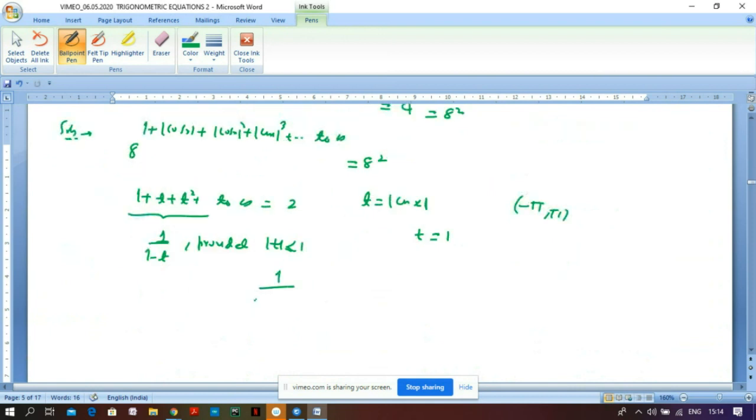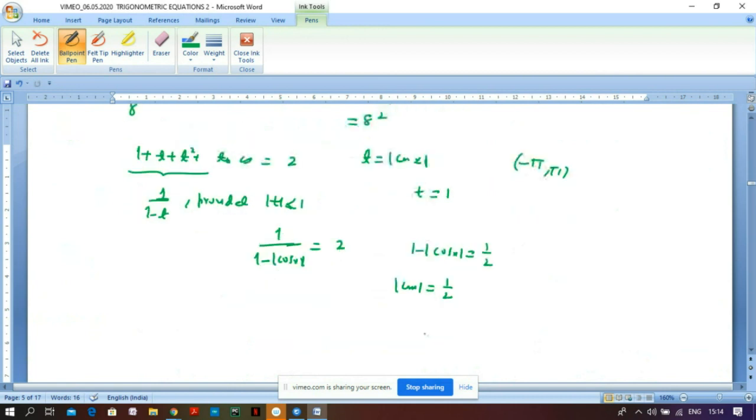So it makes sense. I can write 1 minus mod cos x equal to 2, that is, 1 minus mod cos x is 1 over 2. So mod cos x is 1 over 2, that is, cos x is 1 by 2 and negative 1 over 2. If you take this one, you will get x equal to 2n pi plus minus pi over 3, and this will get you x equal to 2n pi plus minus 2 pi over 3.